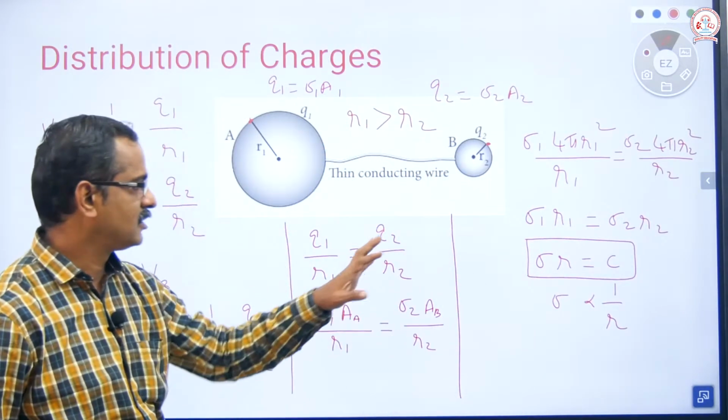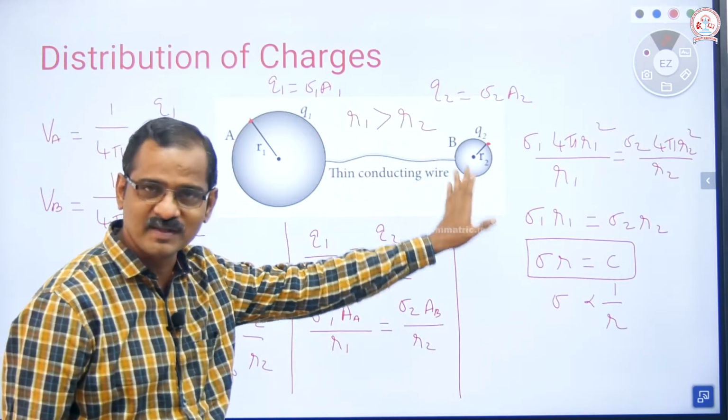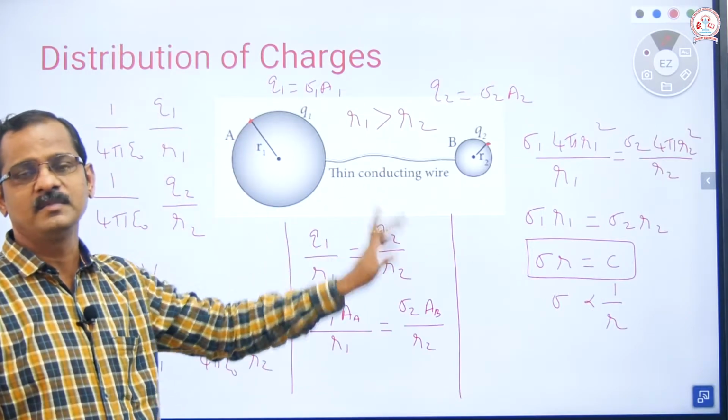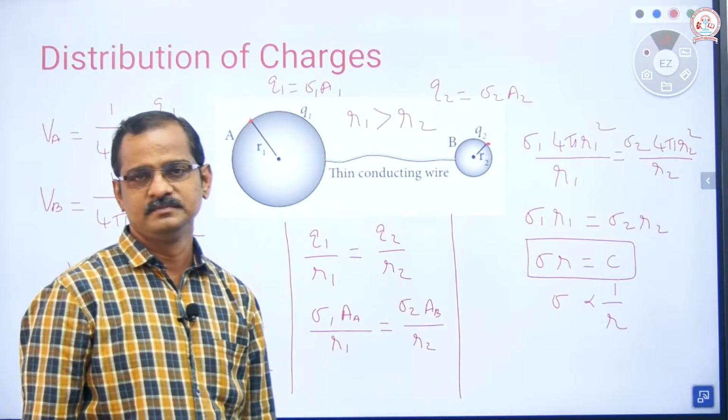This is applicable only when these two charged metallic spheres are connected by a wire. When they are not connected, this is not applicable.